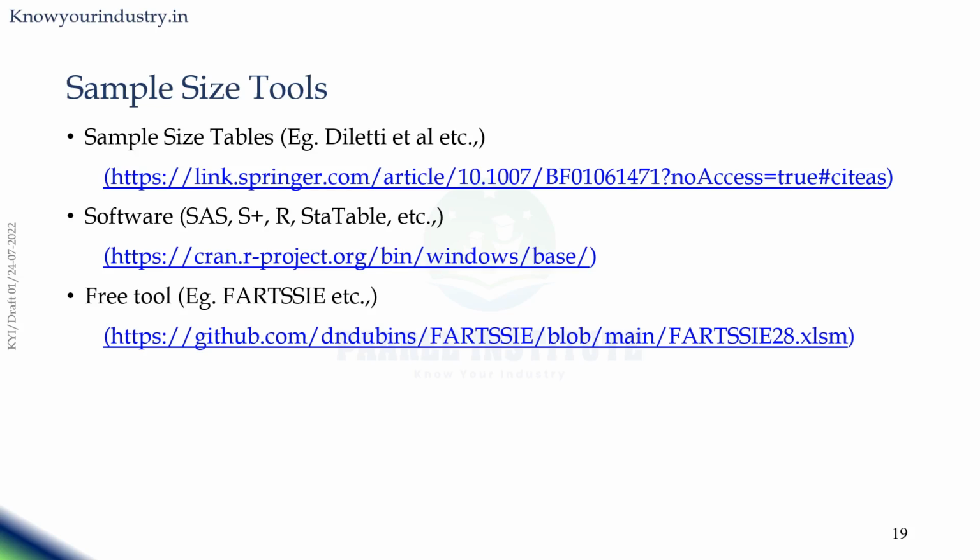The first are the sample size tables provided in Diletti et al. published literature, and the second is the software used to calculate the sample size, like SAS and R software. Then there is a free tool which is also used to calculate the sample size for a bioequivalence study.